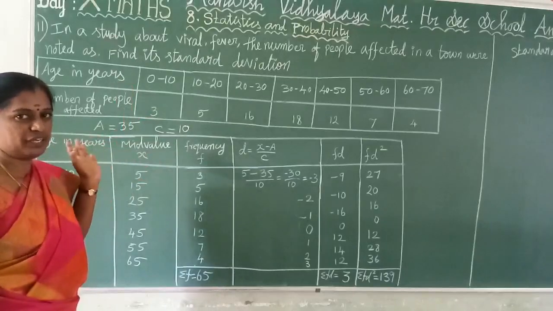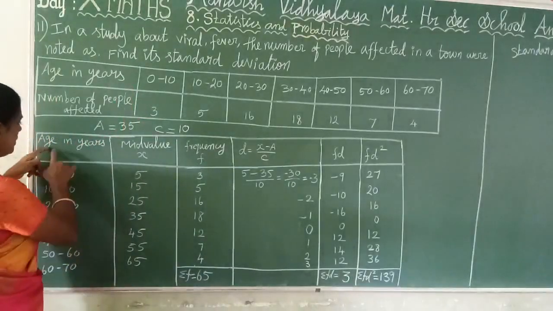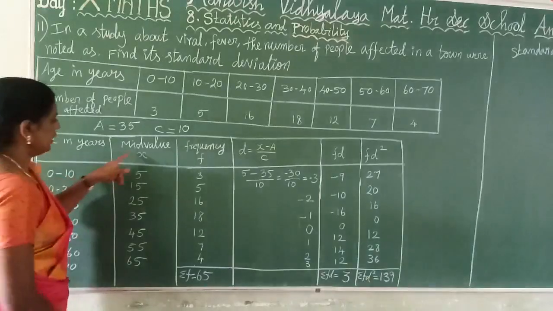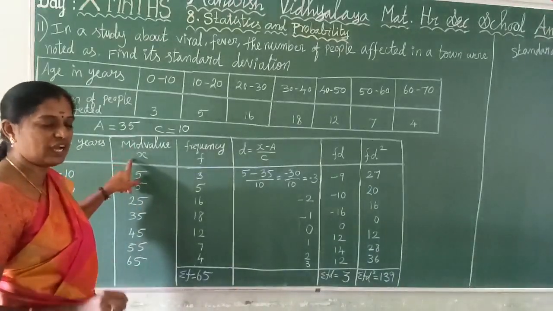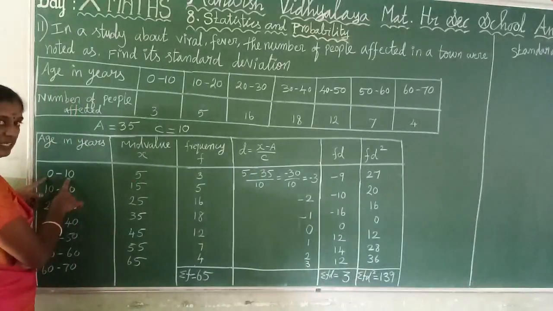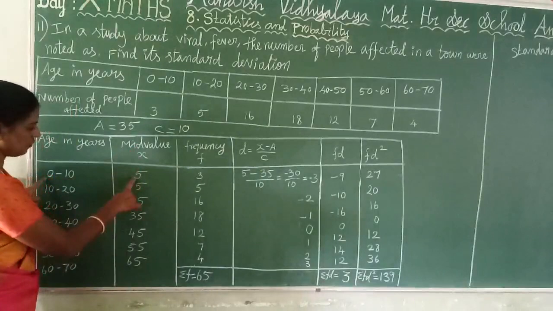Firstly we write the table with the column age in years. For the interval 0 to 10, we need ungrouped data, so we take the mid value: 0 plus 10, 10 by 2, 5. So the mid value of the 0 to 10 interval is 5.